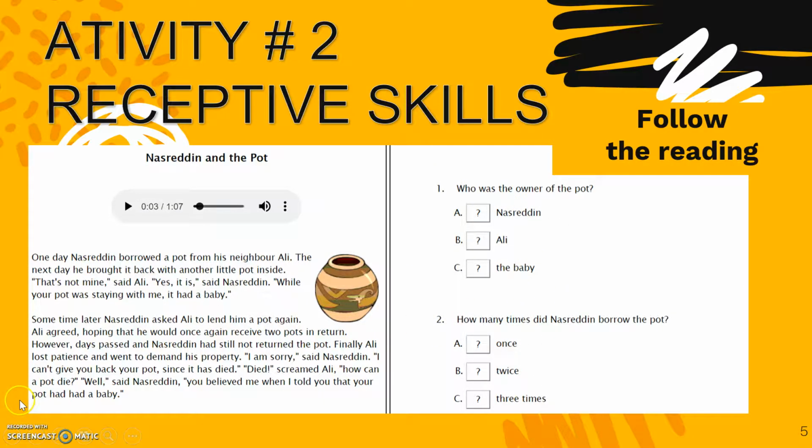This activity will force the students to listen carefully and analyze the text while they are reading. Okay, I think I have been pretty clear with the receptive skills.